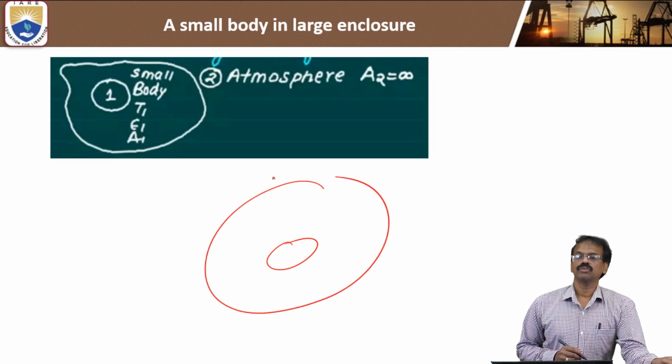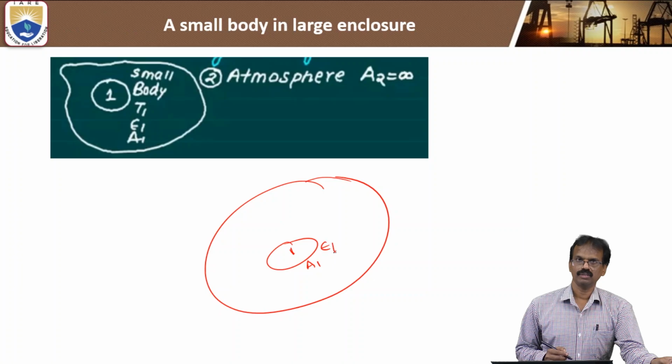A big enclosure means it is very big compared to body one. Body one has area A1, emissivity epsilon 1, and temperature T1.